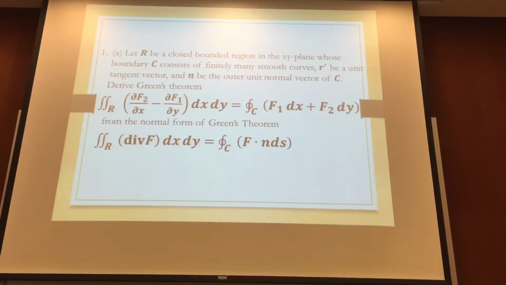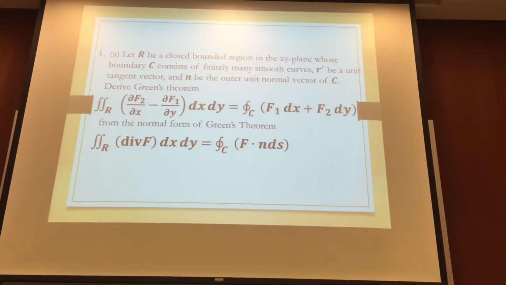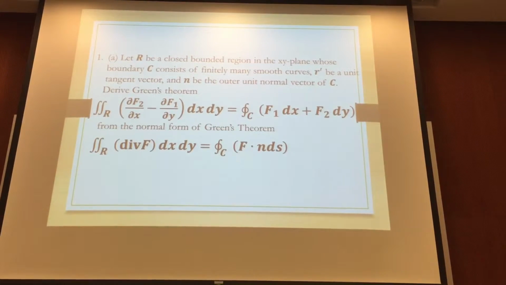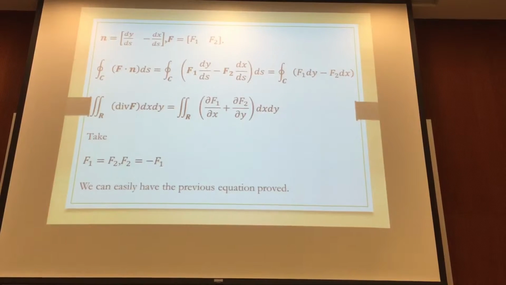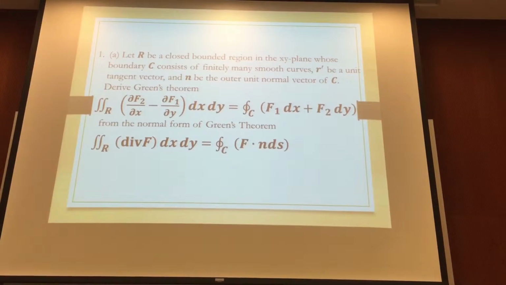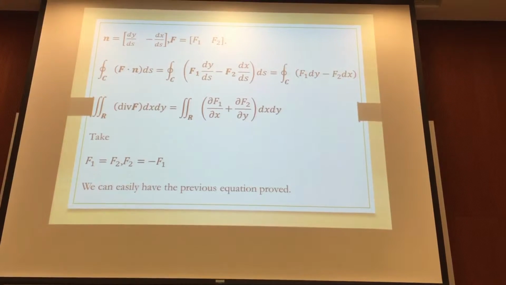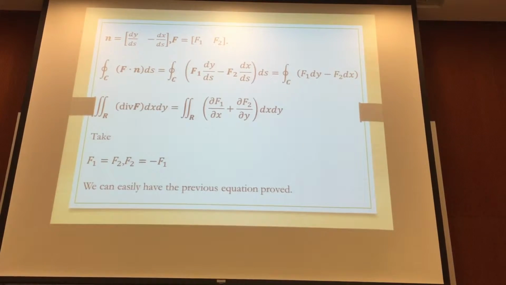From the second equation, we may take the left hand side of the equation first. We may assume the vector field F is equal to F1, F2. Just look at the third equation.